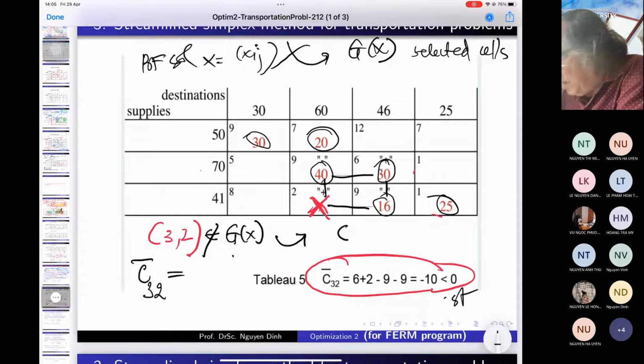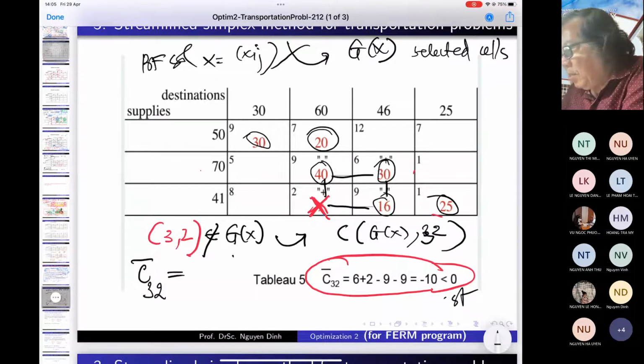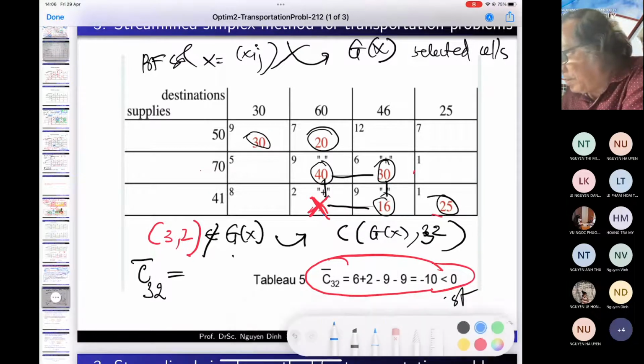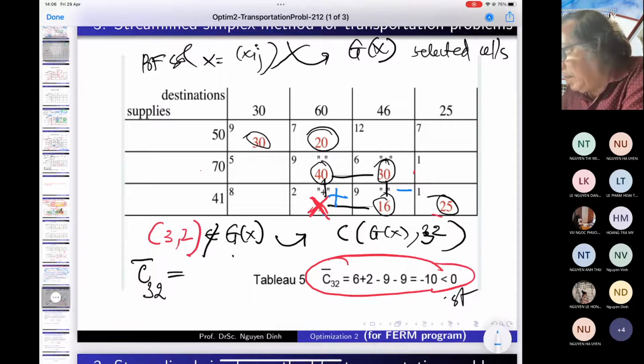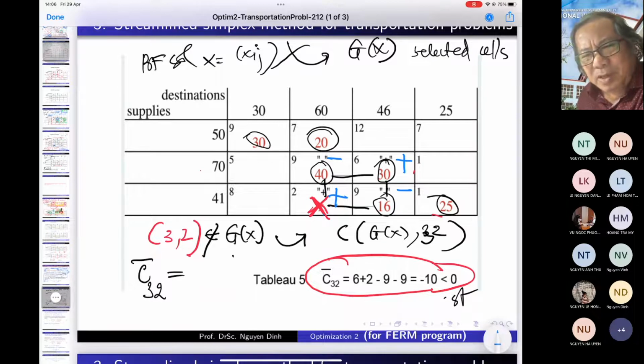The cycle is in GX and 3, 2. You mark the cell you enter as plus, then minus, then plus, then minus.